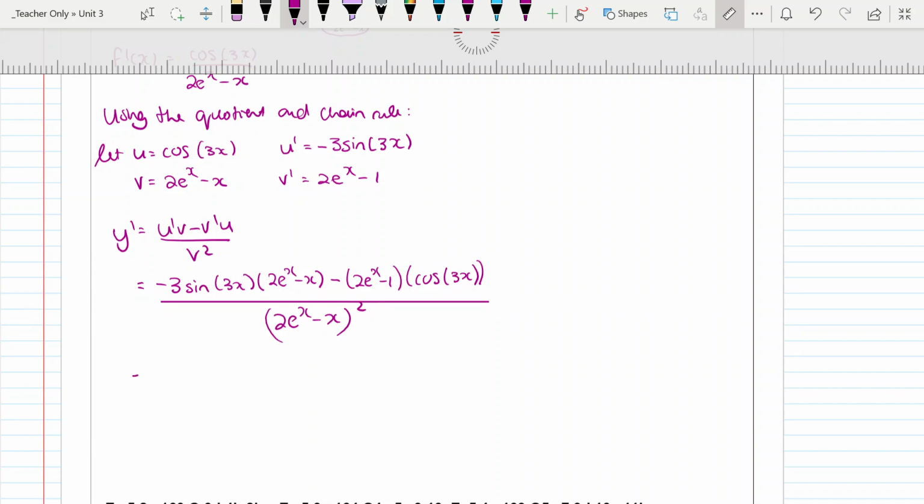I can simplify that a little bit before I try and do my calculations, but is it going to be worth even doing that? Possibly not.